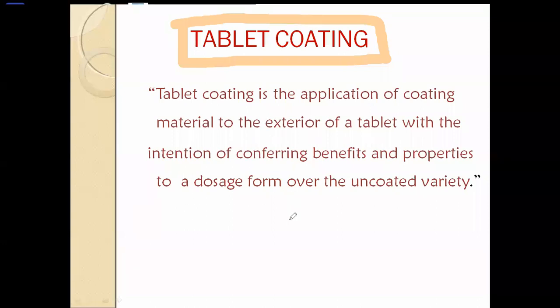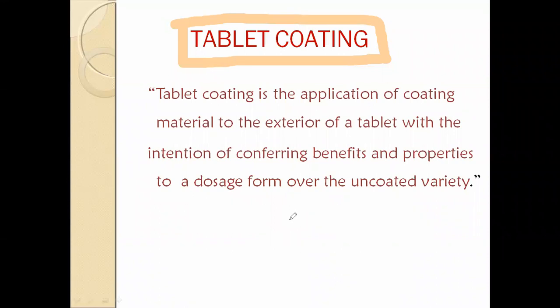Now till now we have seen how tablets are manufactured. Now when we talk about tablet coating, it means if we have a tablet, suppose this is the tablet, on this you are going to apply a certain coat.